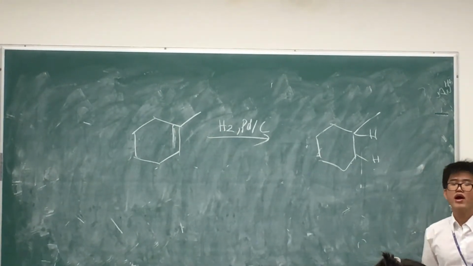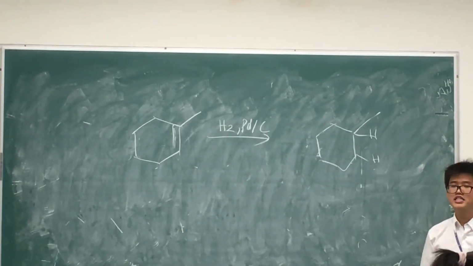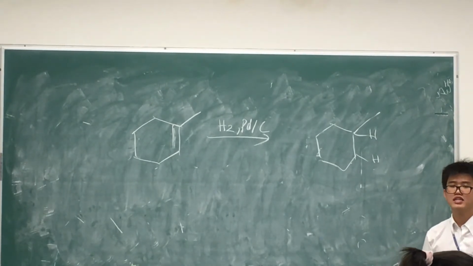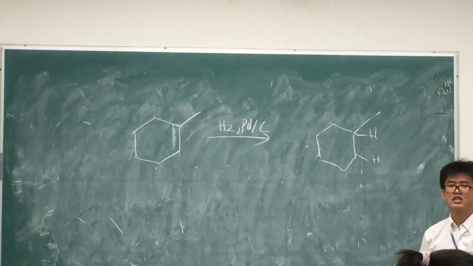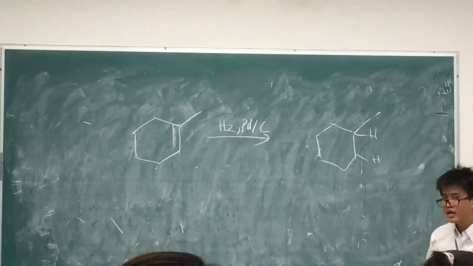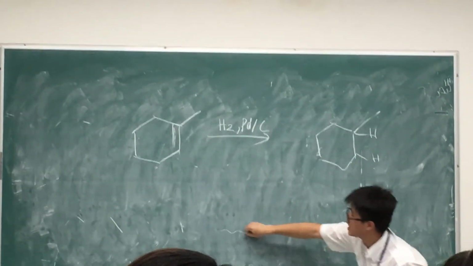Okay? However, tell me about addition. Is it syn or anti? Syn or anti? Why syn? Okay, now talk about mechanism a little bit. So in here we have a catalyst, right?